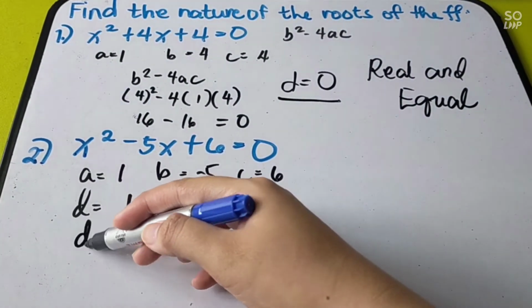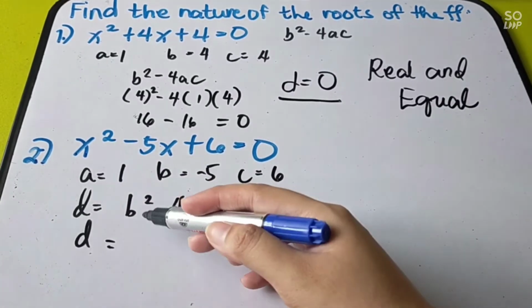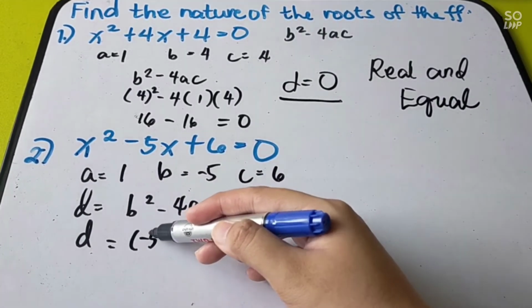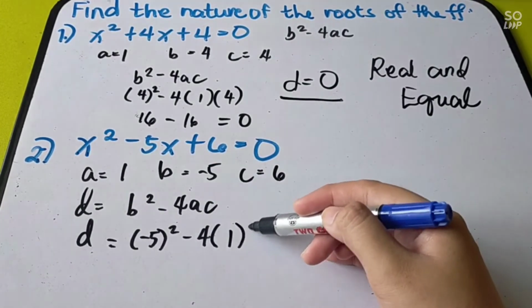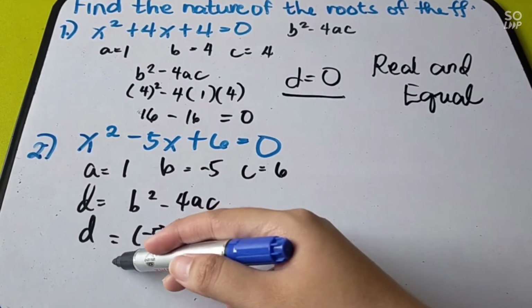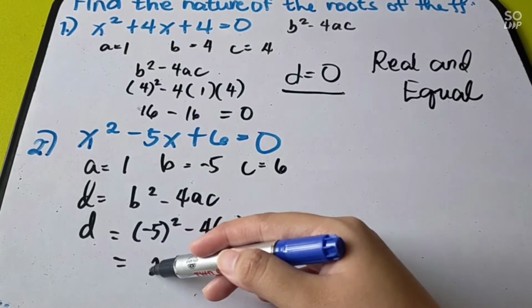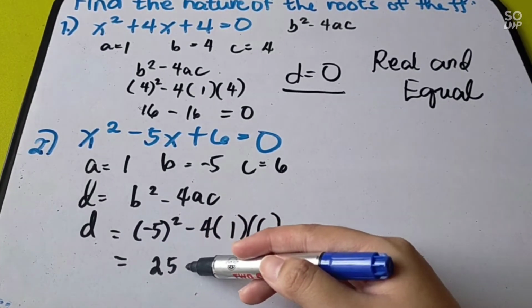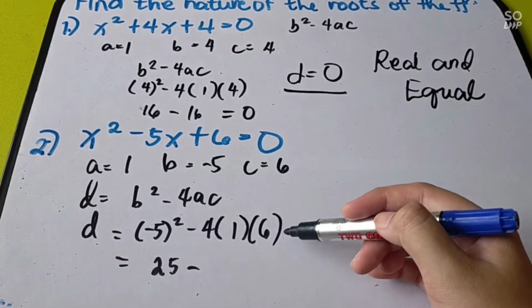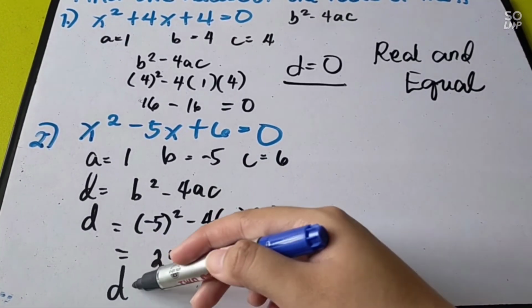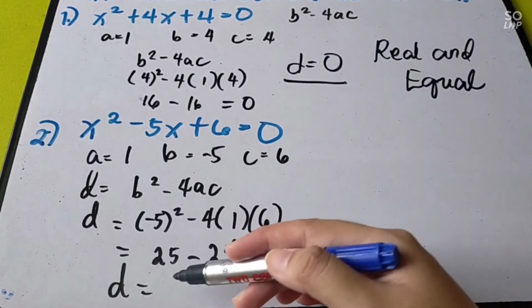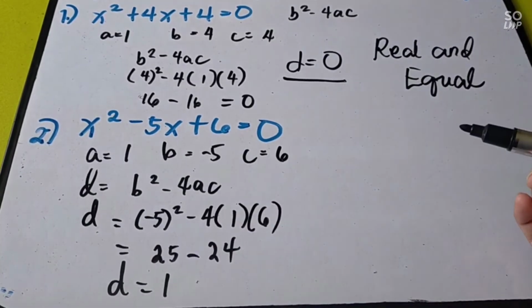Then, d is equal to, your b is negative 5 squared minus 4 times your a is 1 times 6. Then, 5 squared, we have here 25, then minus 4 times 6, that is 24. If you subtract it, d is equal to 25 minus 24, that is 1.